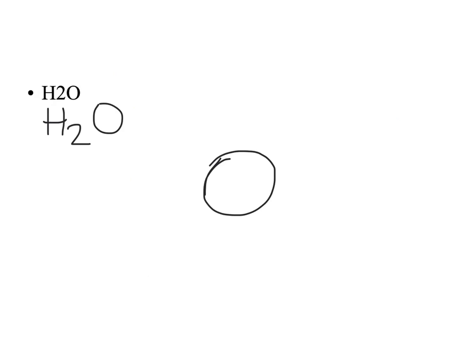Please tell me, how many electrons does oxygen have? Very good. It is in the 6th group in the periodic table, so it has 6. I will write 1, 2, 3, 4, 5, 6. These are from oxygen.